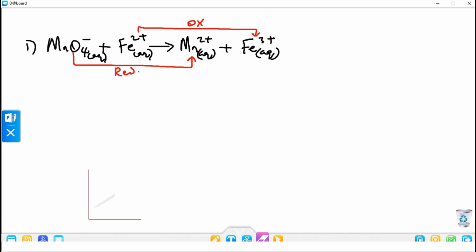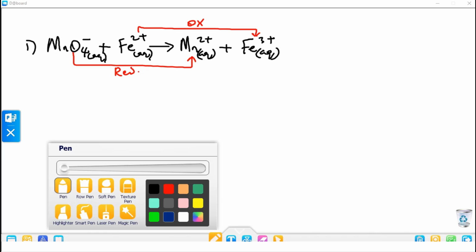So this is how to know which species is reduced and which species is oxidized. So we have identified that manganese 7 ion to manganese 2 ion is the reduction half cell reaction, while iron 2 to iron 3 is the oxidation half cell reaction.